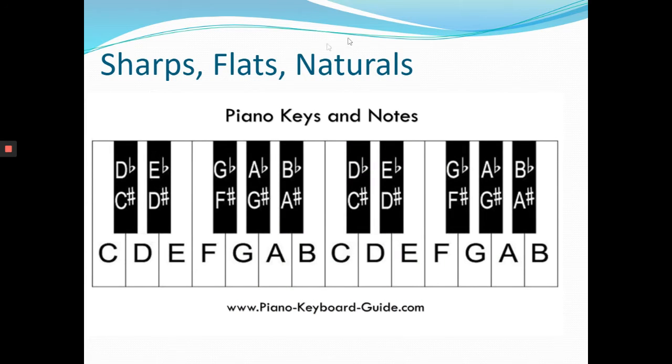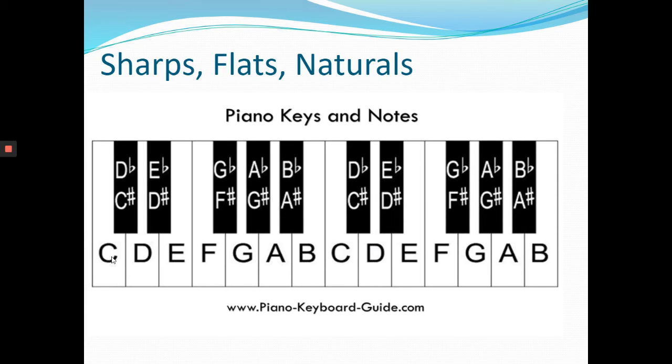Okay. With sharps, flats, and naturals, the one thing a lot of you would always ask me is, Mr. Stokes, when I would be playing piano, what are the black keys? Well, congratulations. The black keys are sharps and flats. It just depends on the direction that you're going. So, for example, if I'm going up, C, D, E, F, G, A, B, C, if I'm going this way, then these are going to be sharps.